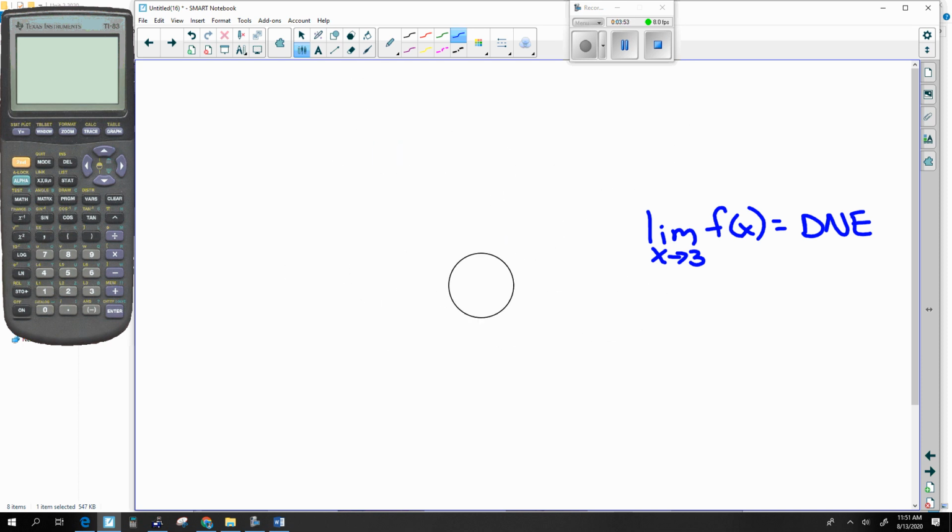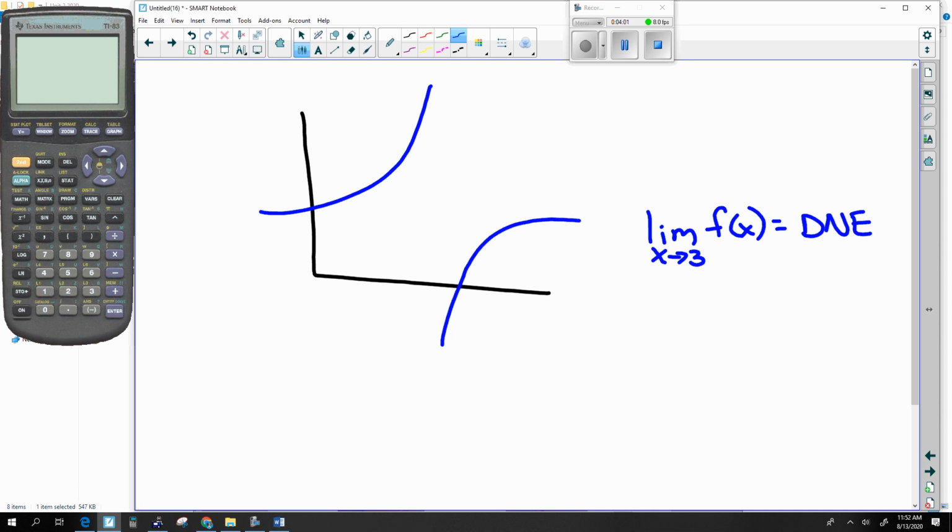Depending upon who you ask, or when you ask it, what happens if you have a picture that does something like this? All right, so let's call this 3 again. What is the limit as x goes to 3? Again, that does not exist. This one says it should be at infinity.